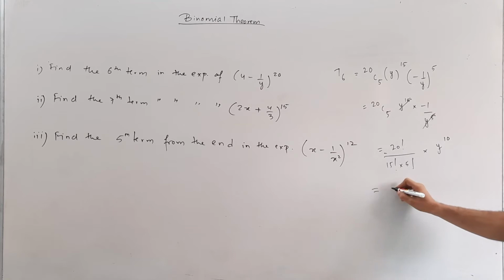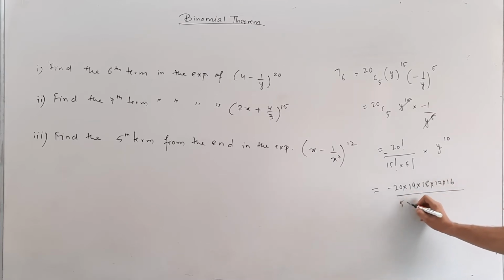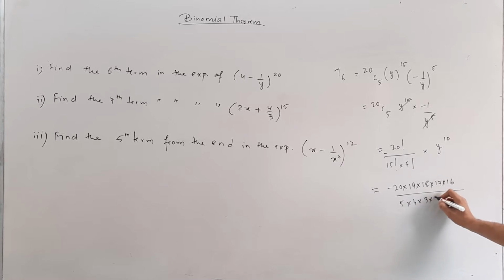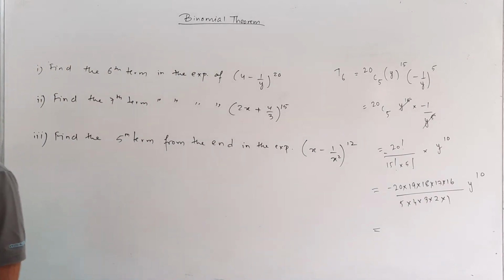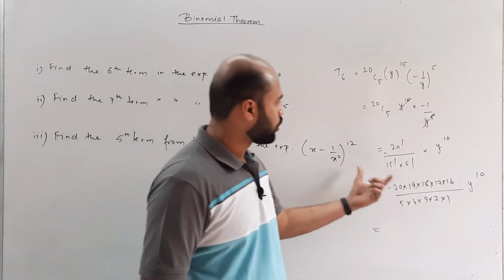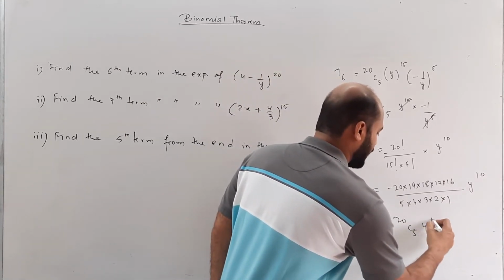So the term is going to be minus (20 times 19 times 18 times 17 times 16) over (5 times 4 times 3 times 2 times 1), y^10. This is the answer. Of course this is a big value, so we can also keep it as minus 20C5 y^10.